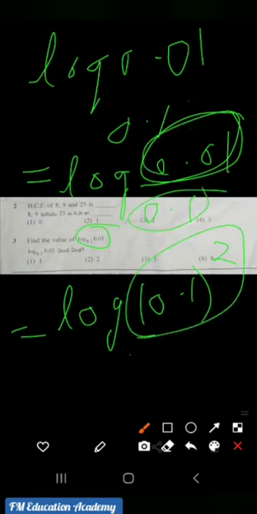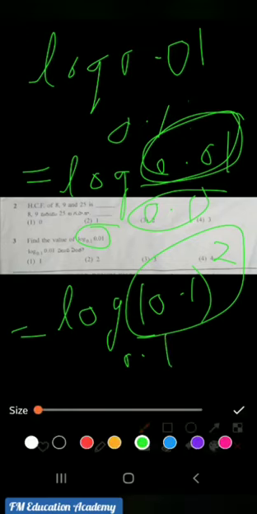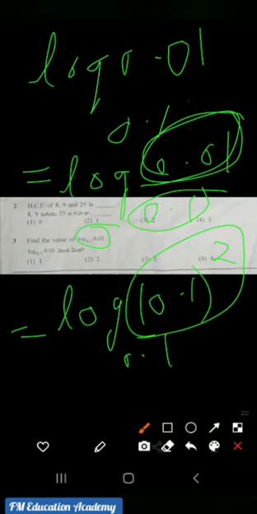So 0.01 is written as 0.1 square, and what do we have as base here? 0.1. Now observe, it is of which formula? If you carefully observe, it is of the form of log x power n to the base a. What is log x power n to the base a? Log x power n to the base a is n log x to the base a. Okay, so this is the formula, n log x to the base a.